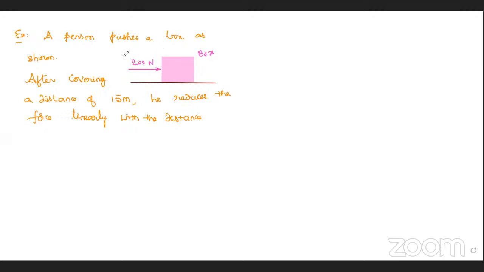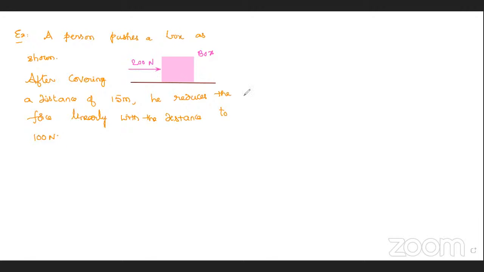He reduces the force from 200 to 100 newtons, means linearly while going forward he decreased the force from 200 newtons to 100 newtons. So after 15 meters the force is variable and decreasing with the distance. Okay, keep in mind.